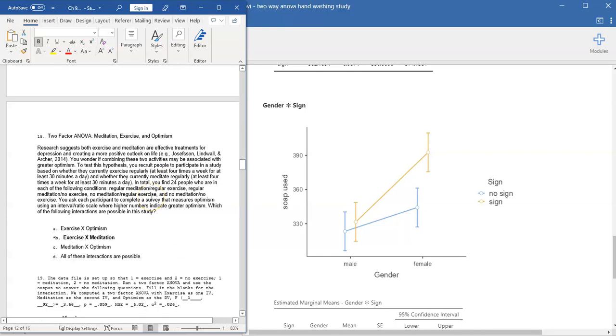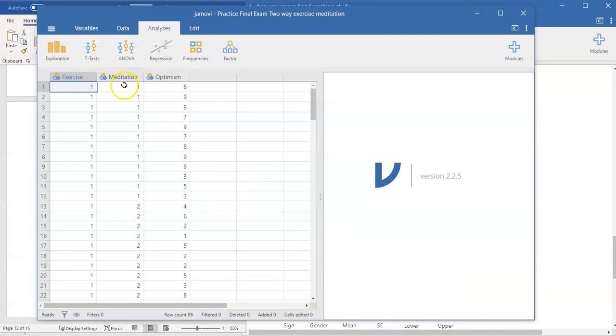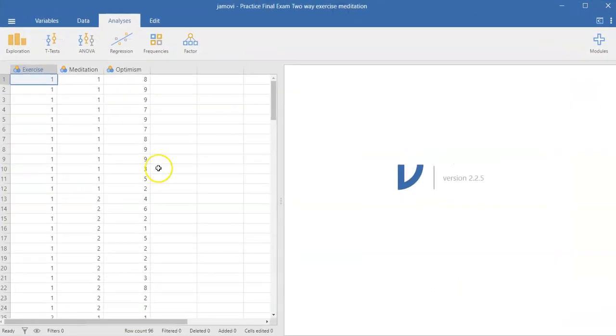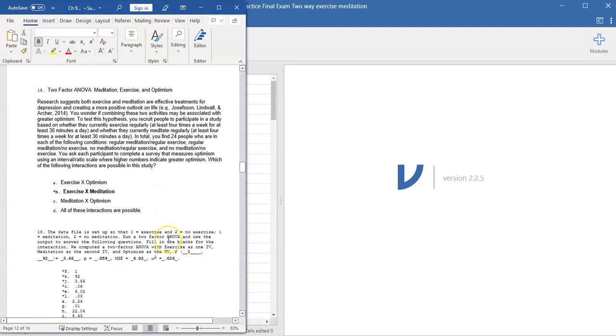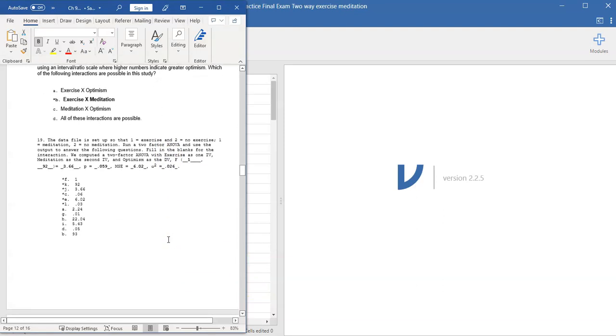Now the next set of questions deals with the other data set, so I'm going to pull that up. And again, you want to do your labels here. So I have to make sure I remember which code is used for these.